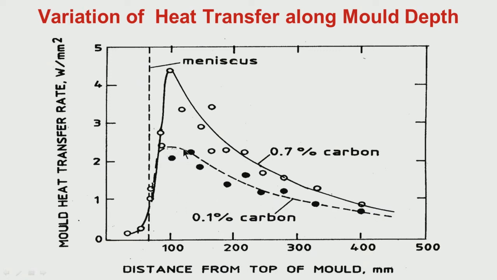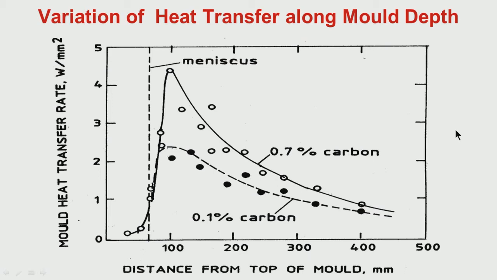And why does this heat transfer come down along the mold? Because as the shell becomes more and more thick, naturally a smaller amount of heat transfer is needed, number 1. Number 2, the heat transfer also gets a lot of resistance because of the thicker shell.